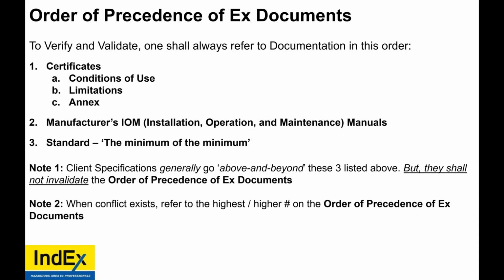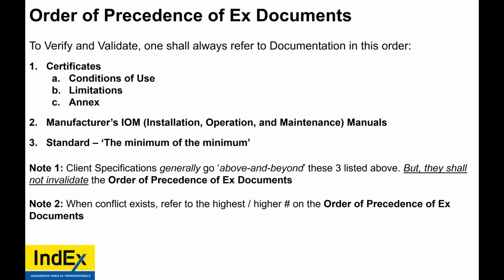Then you follow the manufacturer's IOM manuals, installation, operations, and maintenance. Then you follow the standard. This is when you are in the field. A manufacturer follows the standard, applies for testing and certification, but they also have their IOMs already completed.